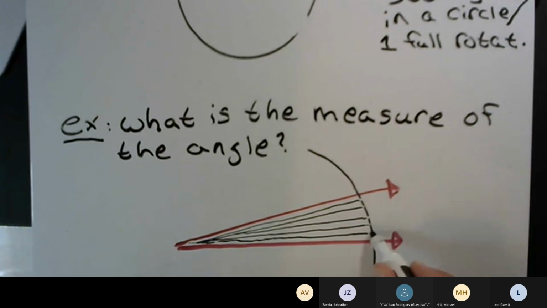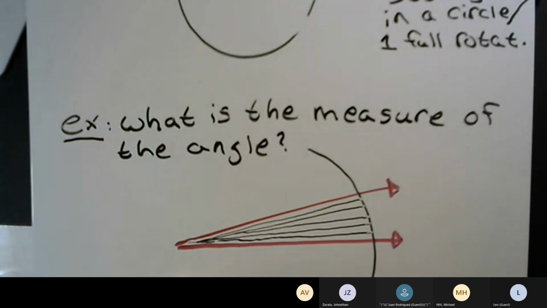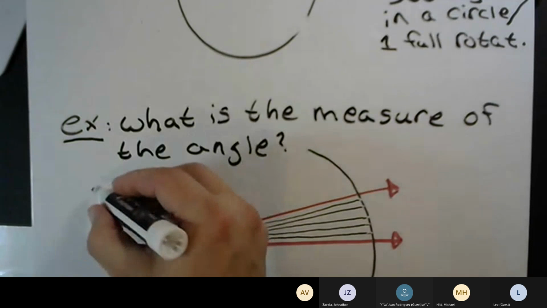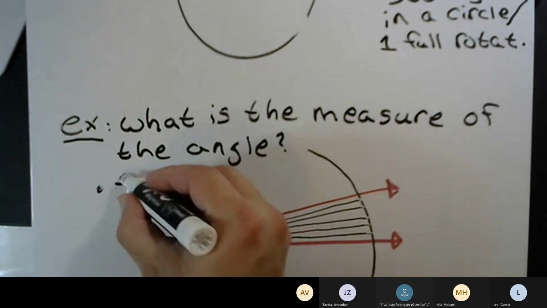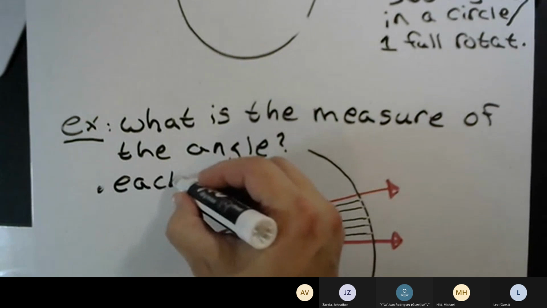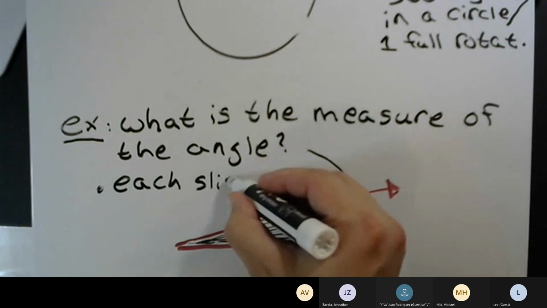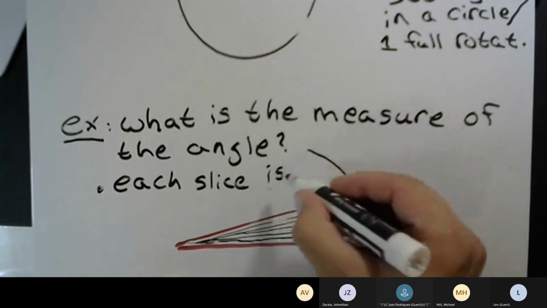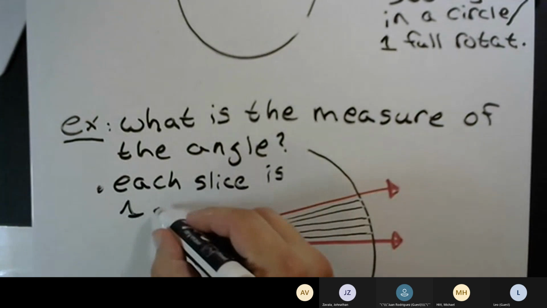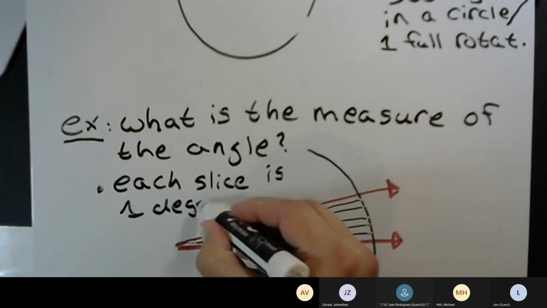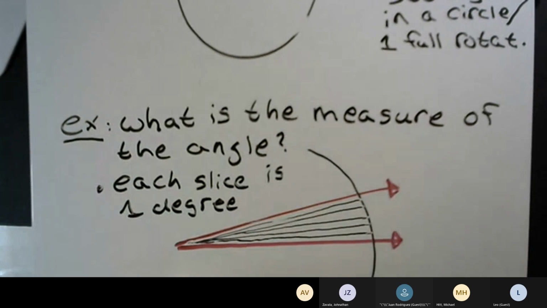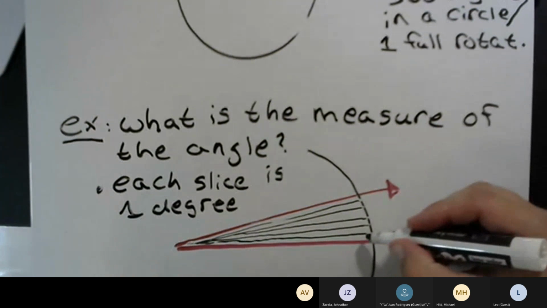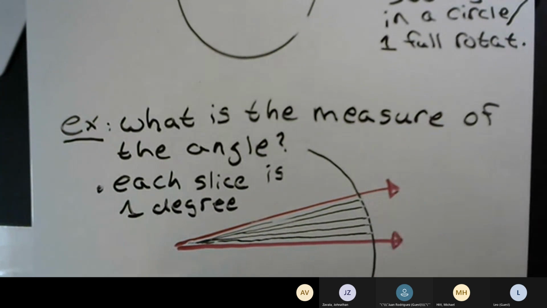I'll admit the accuracy of this, say if you put it on a protractor, is going to be a little bit off. But let's say in this example, each slice is 1 degree. Well, all we need to do is count the number of slices that fit inside this angle.